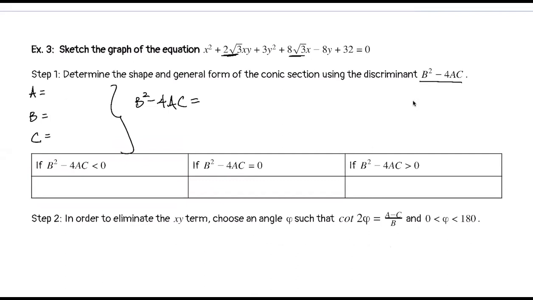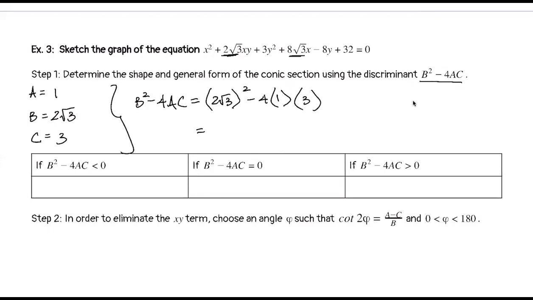Okay, so in this case, A is 1 because 1 is the coefficient of x squared. B is 2 root 3 because it is the coefficient of the xy term, and C is 3 because it is the coefficient of the y squared term. And so when we plug those in, we're gonna get 2 root 3 squared minus 4 times 1 times 3.